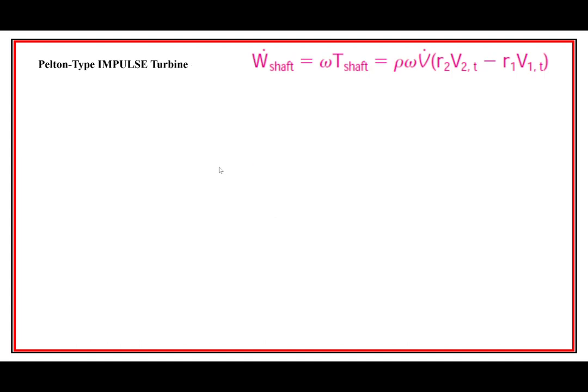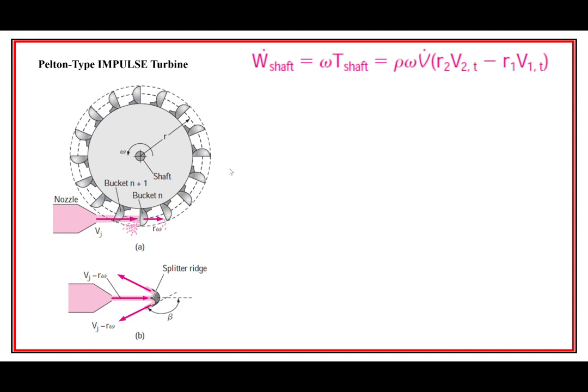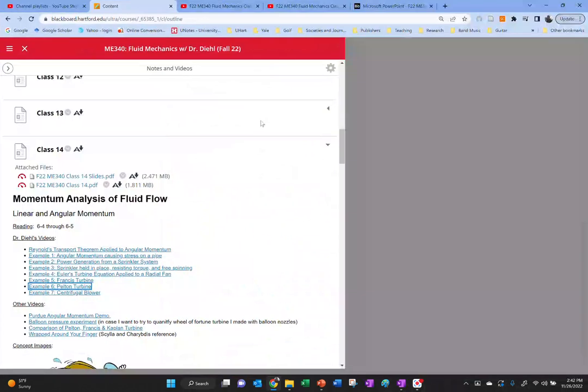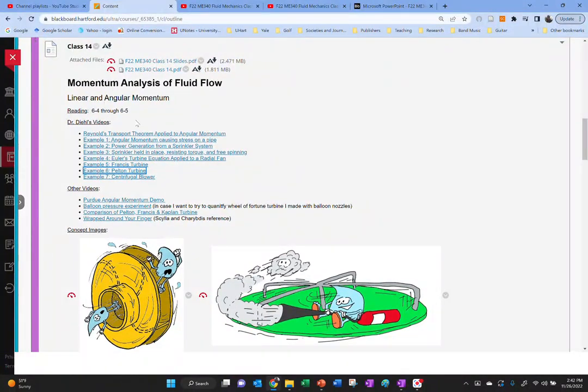Okay, so here is the breakdown for using Euler's turbine equation for an impulse turbine, and that is this Pelton type. If you go back to what we did in class 14, we covered a bunch of different examples.